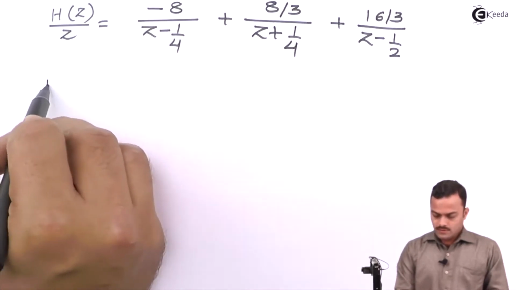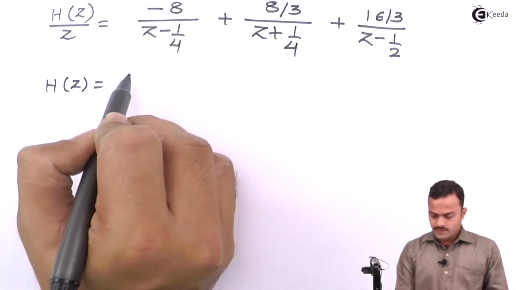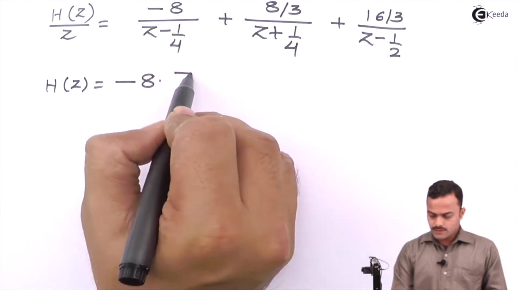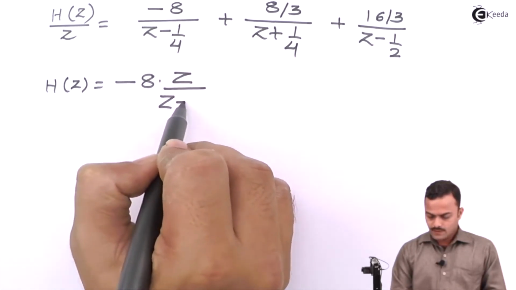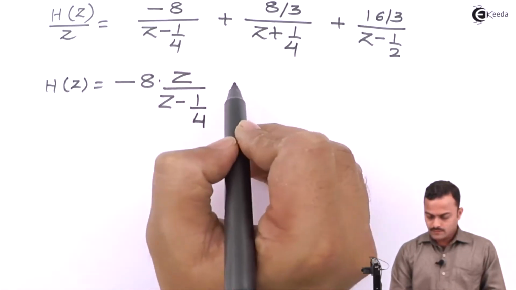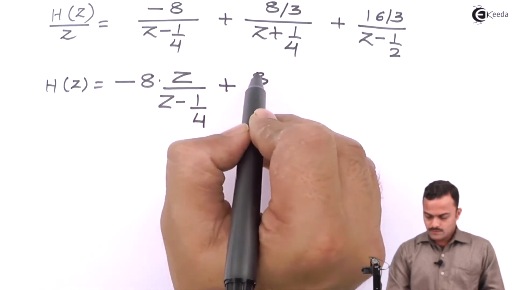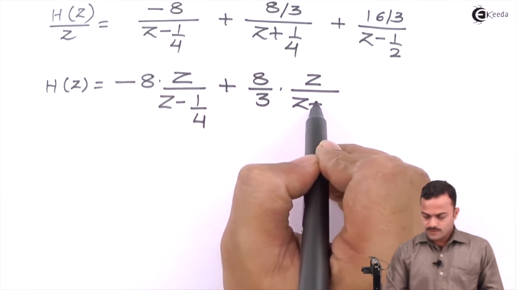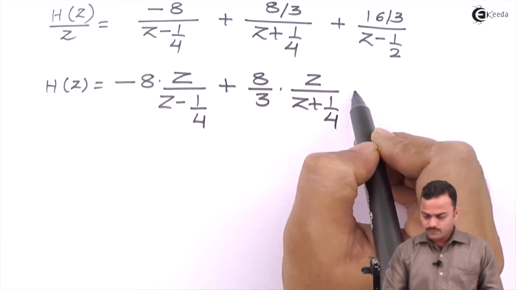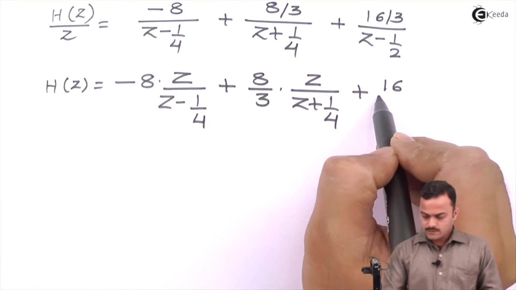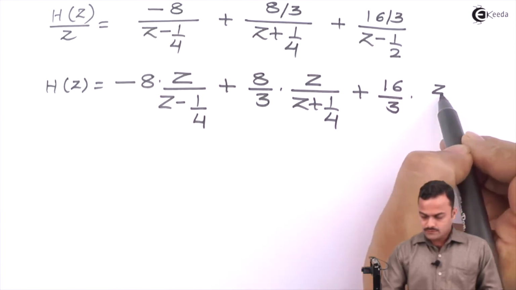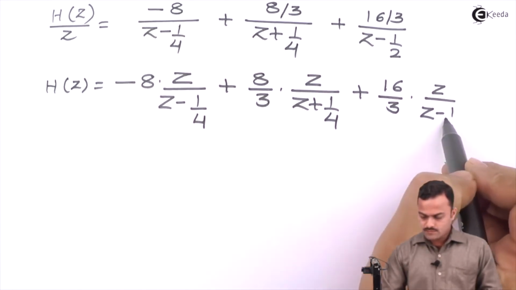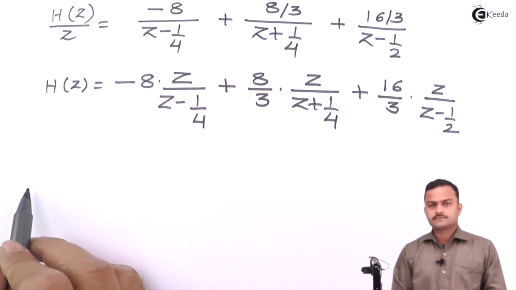Now H of z we will get as minus 8 into z upon z minus 1 by 4 plus 8 by 3 into z upon z plus 1 by 4, and finally 16 by 3 into z upon z minus 1 by 2.